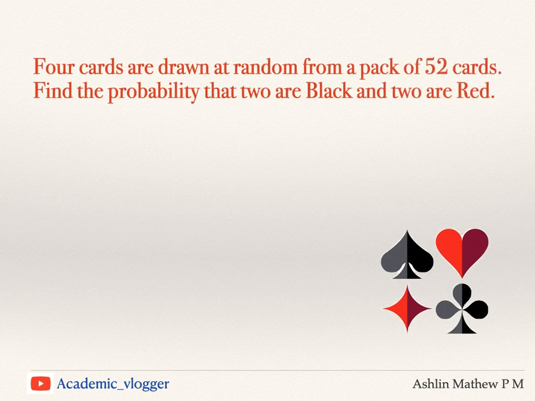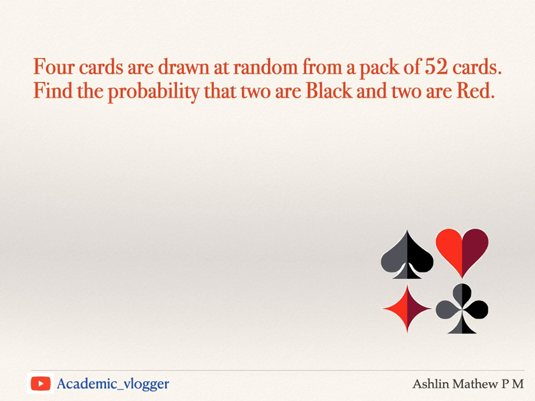Now we have a similar question to the one we discussed earlier. 4 cards are drawn at random from a pack of 52 cards. The 4 cards can be drawn from a well shuffled pack of 52 cards in 52C4 ways, which is the number of outcomes in the sample space. We are required to find the probability that 2 are black and 2 are red.